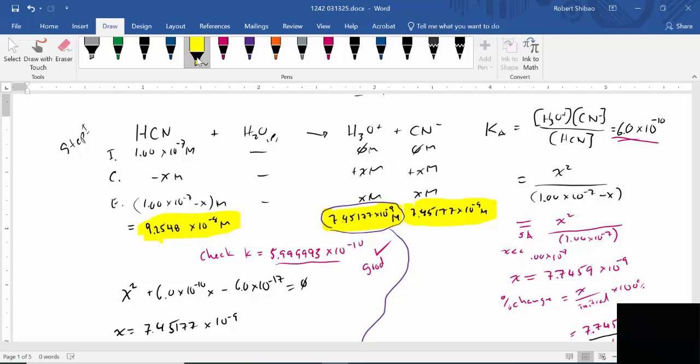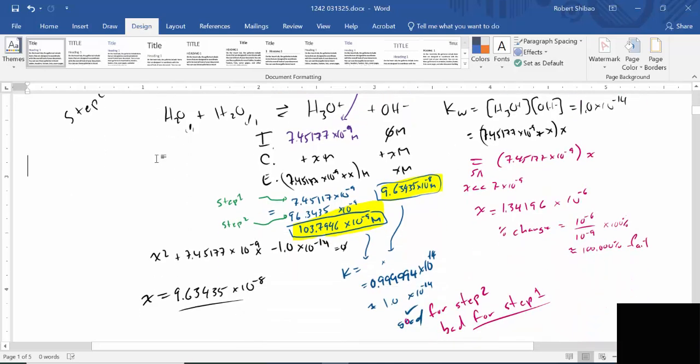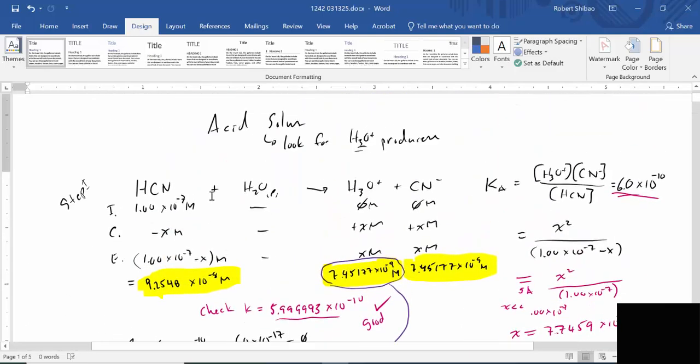Here I have 7.45, and then in step 2, I take my 7.45 and add another 96, so I get 103. If I plug in 103 here, will this still be at equilibrium? If I change this from 7.45 to 103, is my K still going to check? No. And so this is Le Chatelier's principle.